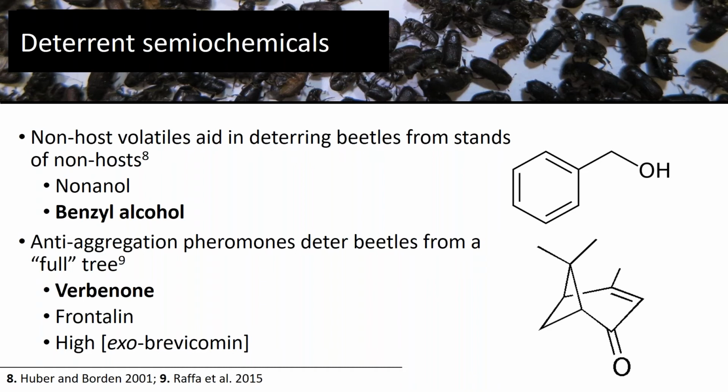The beetles themselves also produce deterrents, such as anti-aggregation pheromones, like frontalin and verbenone, and these signals indicate to conspecifics that the tree is full and they shouldn't attempt to colonize. And it's been shown that even high concentrations of the male-produced aggregation pheromone exo-brevicomin deter beetle orientation.